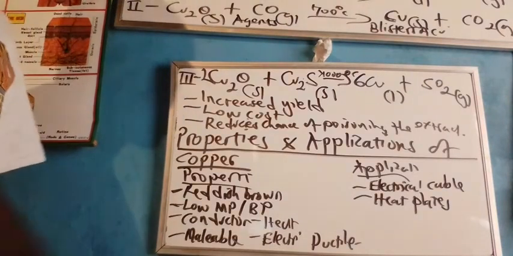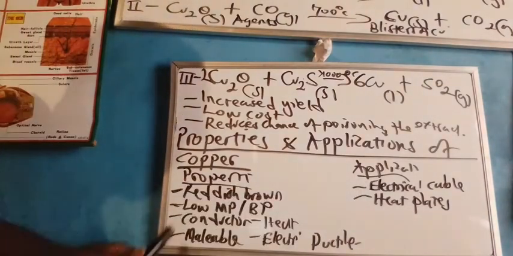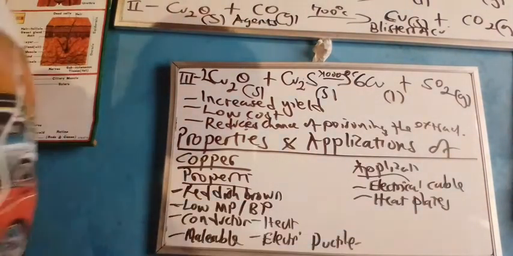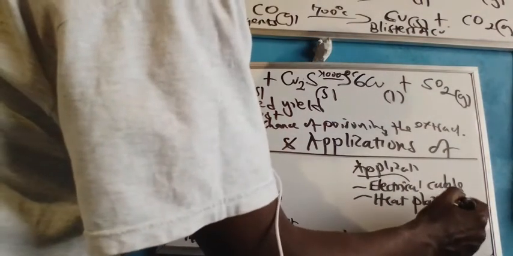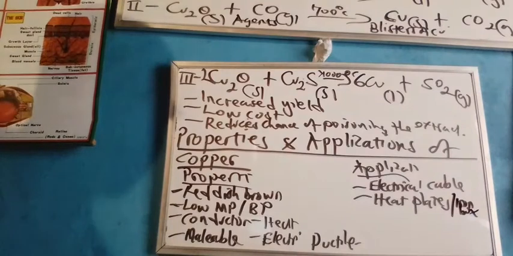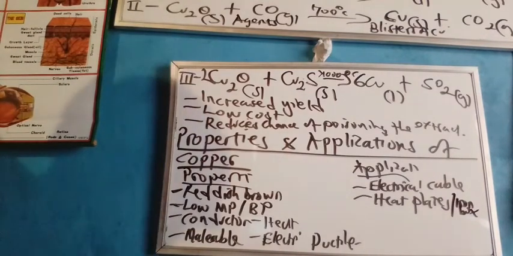We use it to manufacture electrical cables, and it is a good conductor of electricity. Because it's a good conductor of heat, we can use it to manufacture heat plates like those of the iron box. Good. It can also be used to manufacture the interior part of an electric kettle.